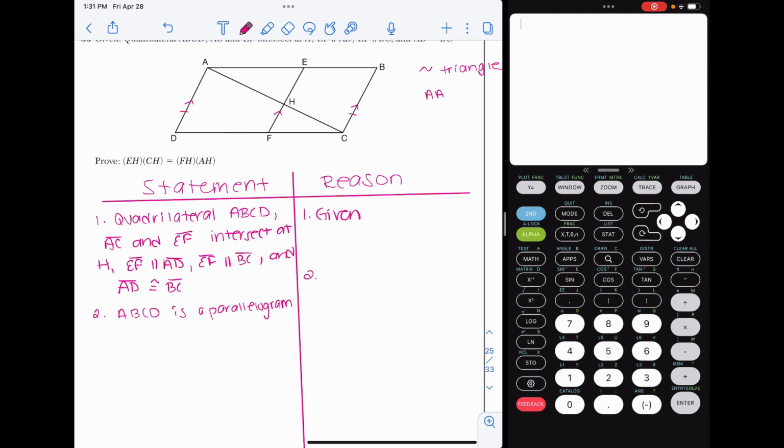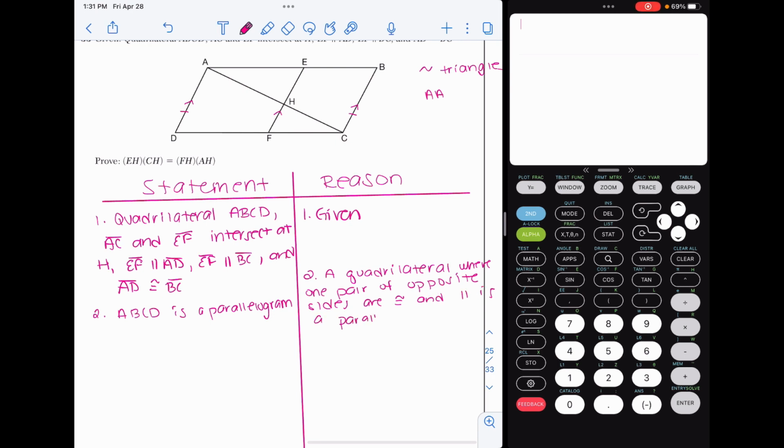And my reason behind that is going to be a quadrilateral. We're explaining how we know it's a parallelogram. So a quadrilateral where one pair of opposite sides are congruent and parallel is a parallelogram.